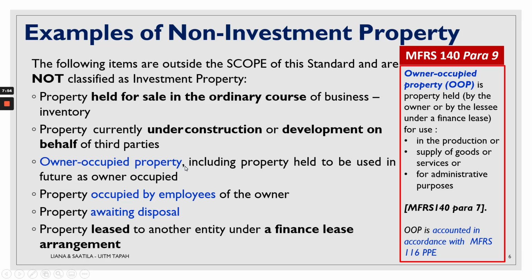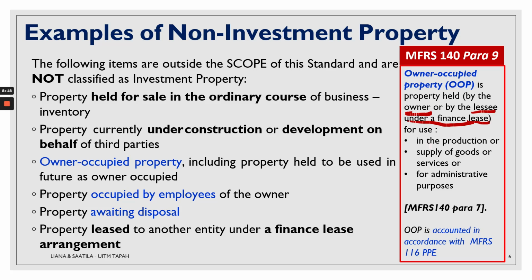Owner-occupied property. So owner-occupied property is actually PPE. Owner-occupied property, according to MFRS 140 paragraph 9, is property held by the owner or by the lessee under a finance lease. If it's by the lessee, it should be under the finance lease. If it's by the owner, it should be under operating lease.